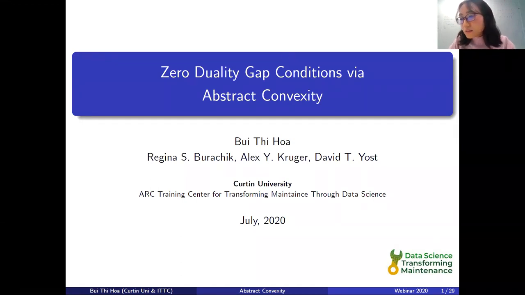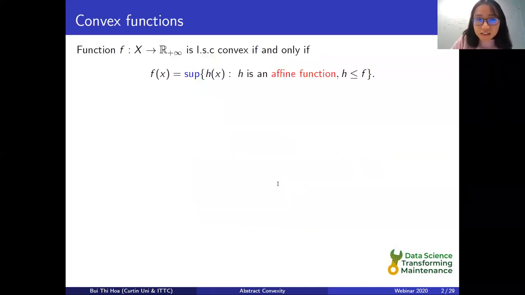So abstract convexity originates from a very fundamental fact from standard convex analysis, which is that a convex function is the upper envelope of a collection of affine functions.